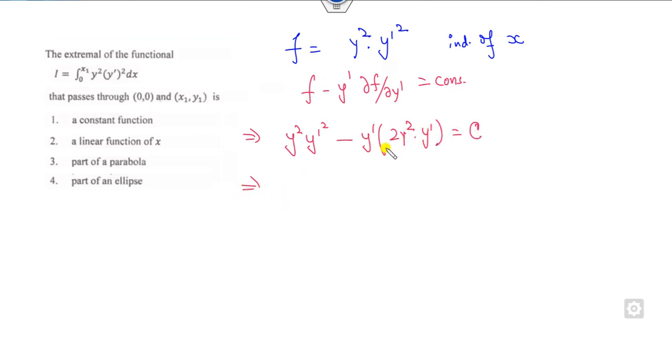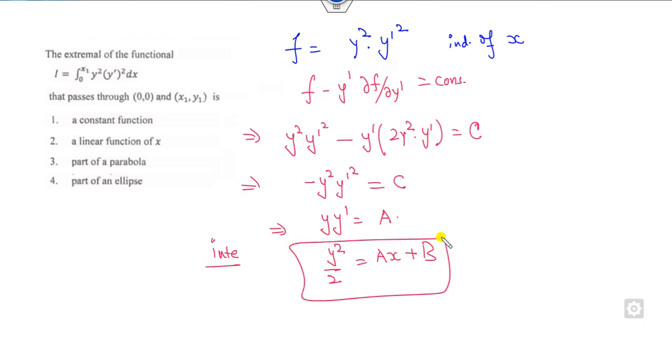So it is minus y square, y dash square is constant. So minus of c, I can take as c, and I can take the square root, I can consider as a. Now you can integrate this. It is y square over 2 equals ax plus b, which is the equation of a parabola. So the right answer is C.